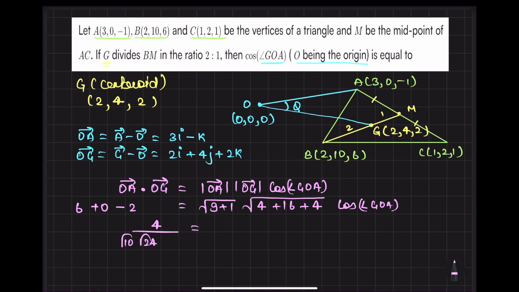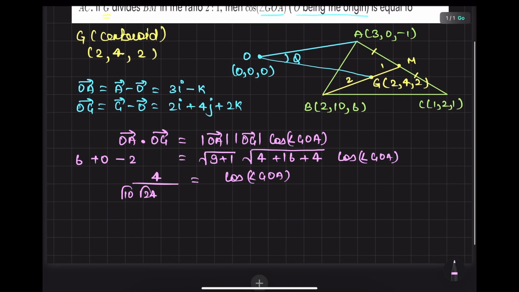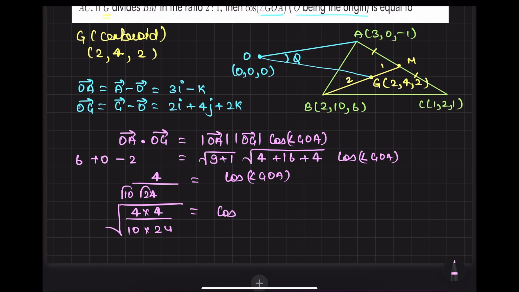We need to simplify. So we have cos of angle GOA. Let's simplify the left hand side. So it is 4 into 4 upon 10 into 24, everything inside root, cos of angle GOA.